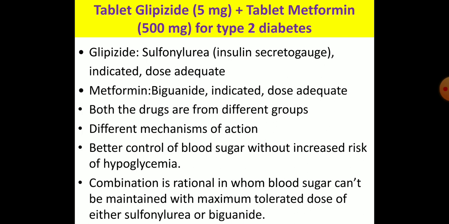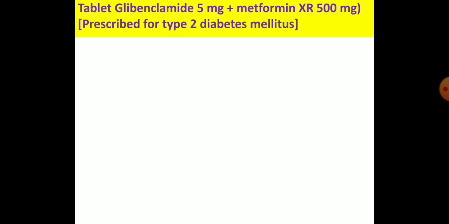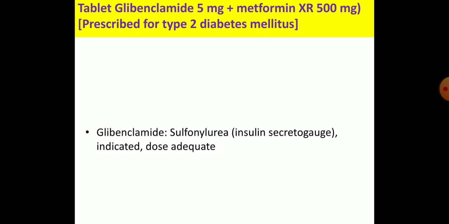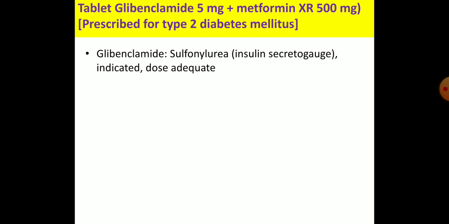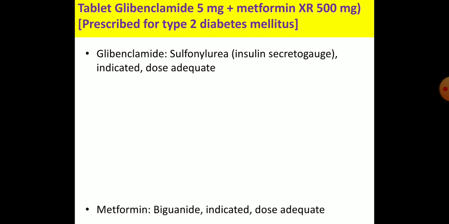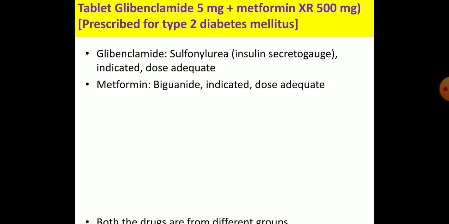The combination is rational in whom the blood sugar can't be maintained with the maximum tolerated dose of either sulfonylurea or biguanide. Next, exactly similar: tablet glibenclamide 5 mg plus metformin XR sustained release 500 mg. Here the pharmacokinetic profile is also matching, because glibenclamide is relatively longer acting, and its plasma half-life can be comparable to metformin XR. Glibenclamide is a sulfonylurea, indicated, dose adequate. Same with metformin.